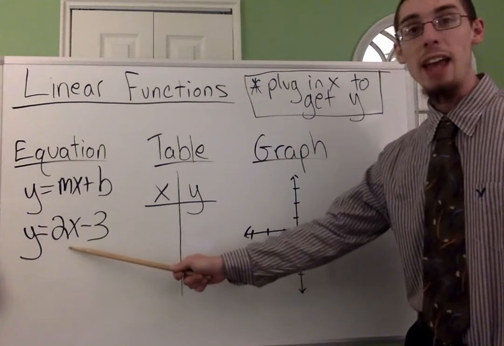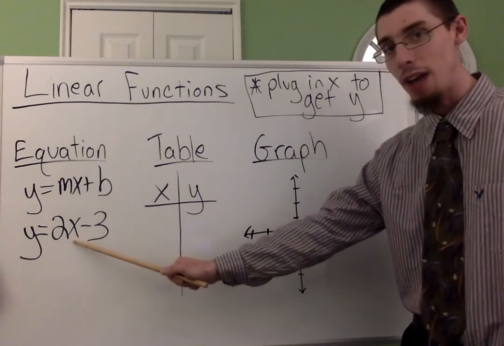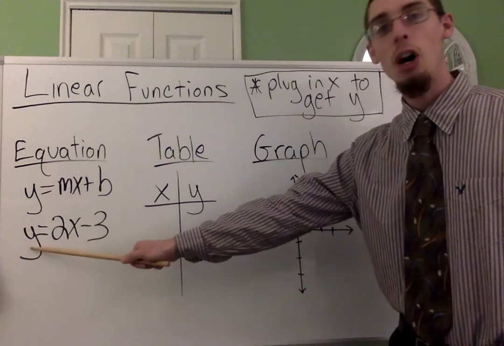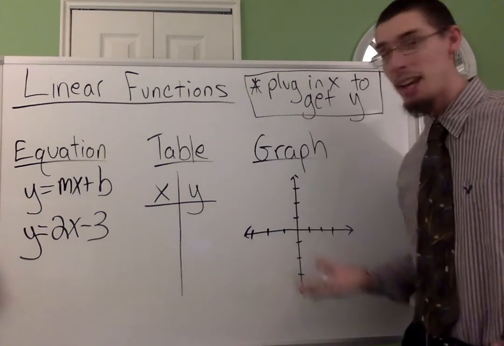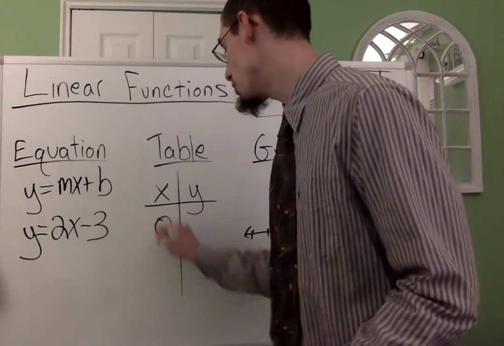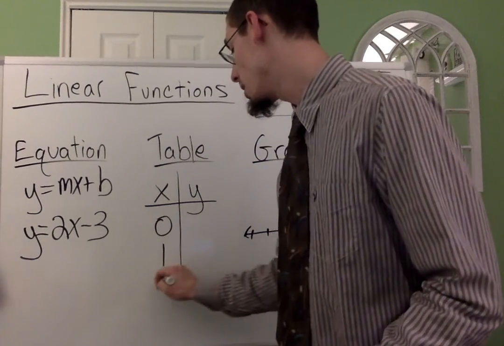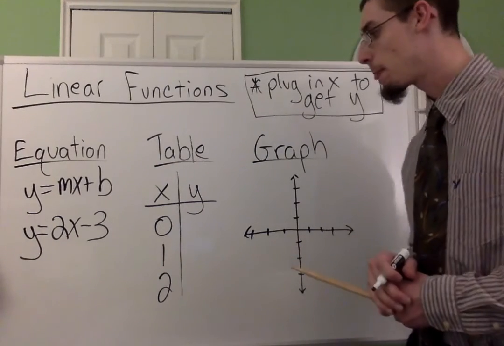This is a linear function because I can plug in an x value to get a y value. So what I'll do is I'll just make up some x values. How about we plug in 0, 1, and 2? And let's just see where that takes us.